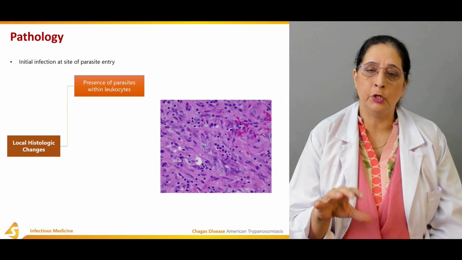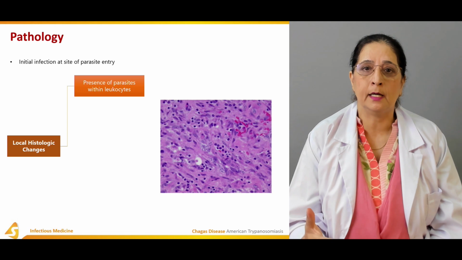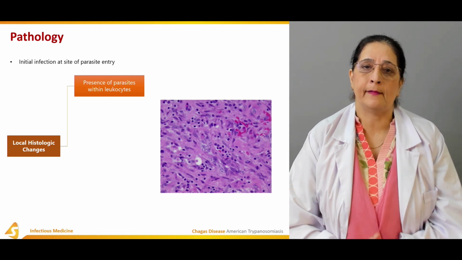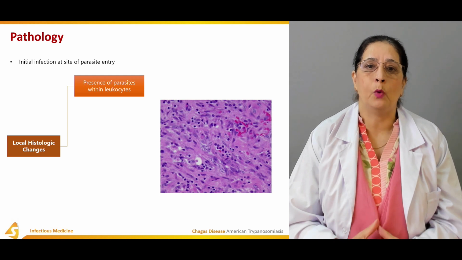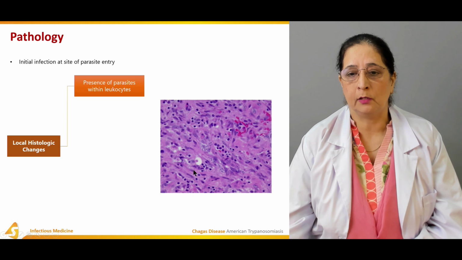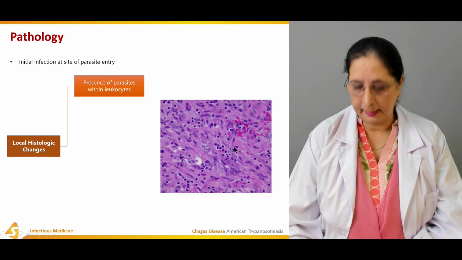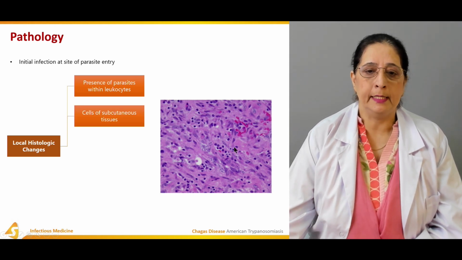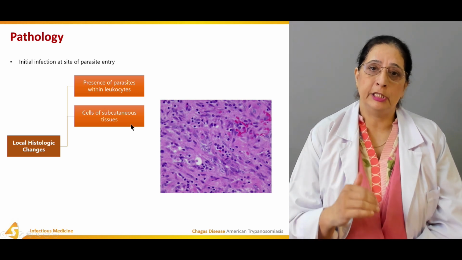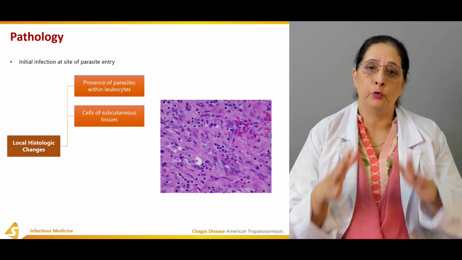So we already know parasitemia occurs. With the parasitemia, you can see the parasites present in the white blood cells, or the leukocytes. That's the histological appearance. And also in the subcutaneous tissue, fatty tissue.